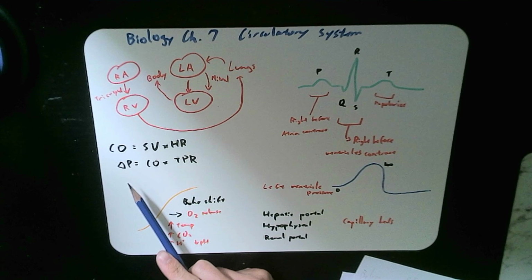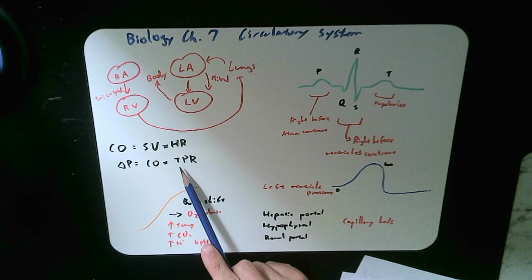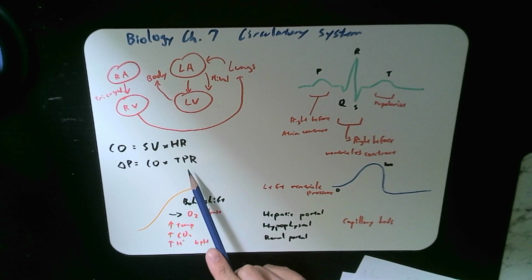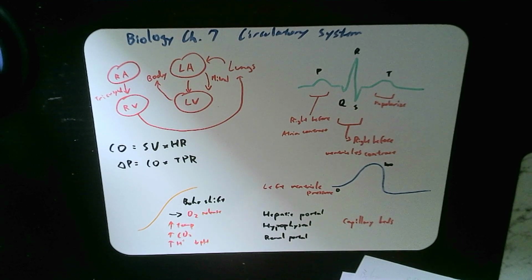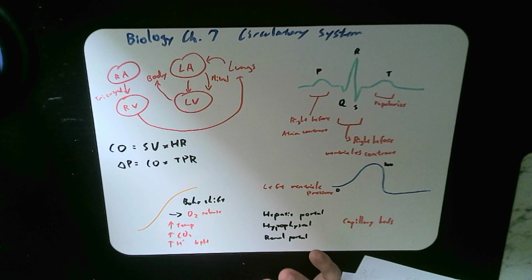The pressure differential is measured by your cardiac output multiplied by your total peripheral resistance. Peripheral, think about everywhere else in your body, and resistance is from the blood vessels and everything combined. Think about your body as wires, and they resist the traveling of the blood.